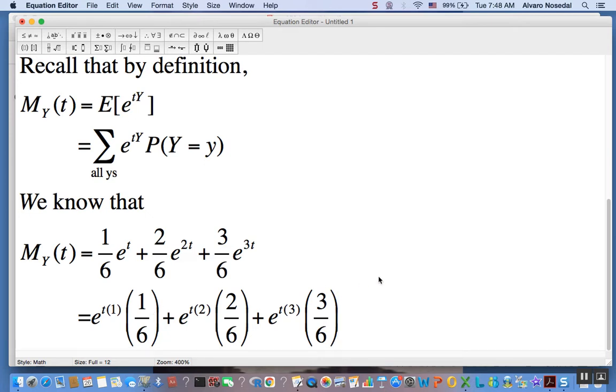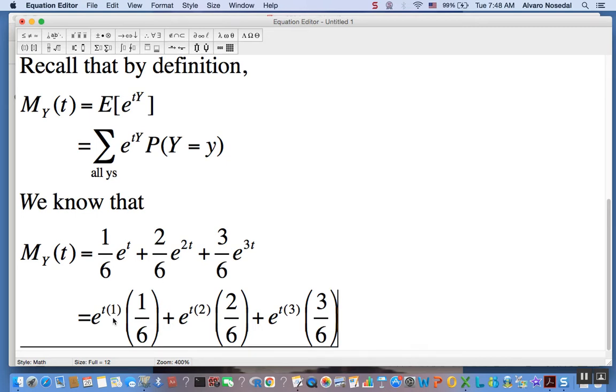Furthermore, note that the sum of 1 over 6, 2 over 6, and 3 over 6, 1 plus 2 plus 3, that's 6 divided by 6, that's 1. And these are numbers between 0 and 1. So just by comparing the MGF with the definition, we conclude that the probability distribution must be the following.